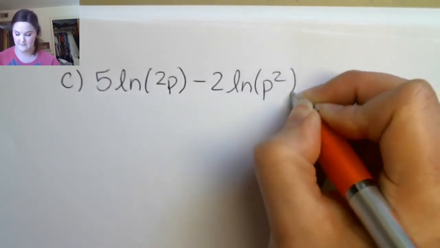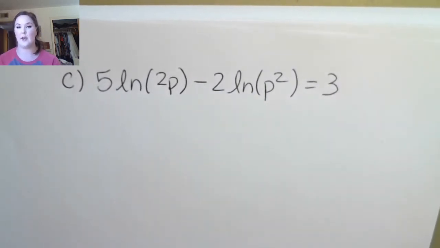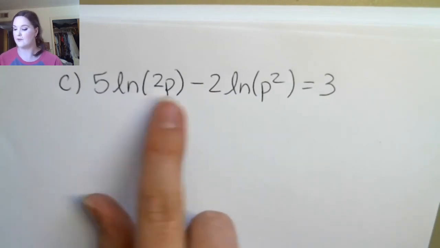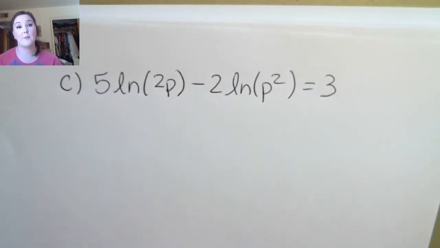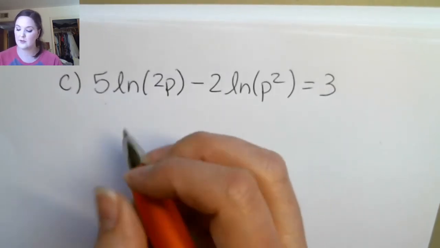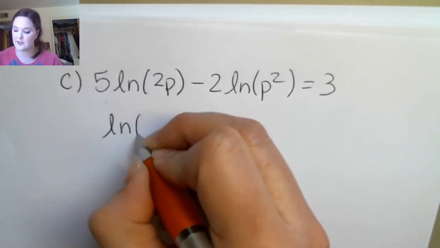All right, let's do one more example of this. Okay, now remember, when you have two logs like this, you want to combine them using the log properties. So the first thing I'm going to do is change my coefficients into exponents.